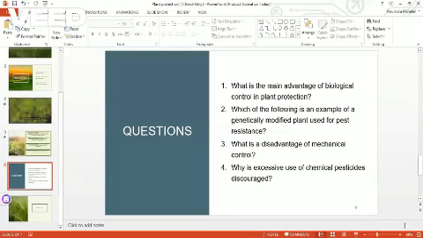The fourth question, why is excessive use of chemical pesticides discouraged? Miss, because it damages the soil. Miss, the chemicals can get into waterways and humans can also consume them. Yes, very good.